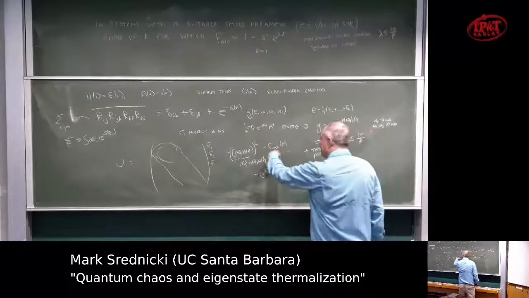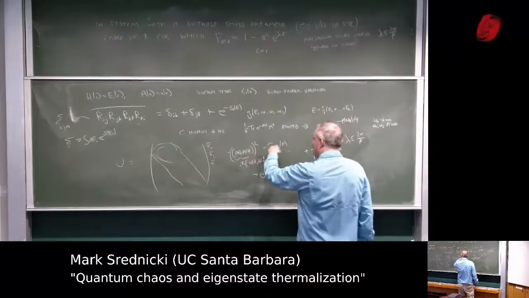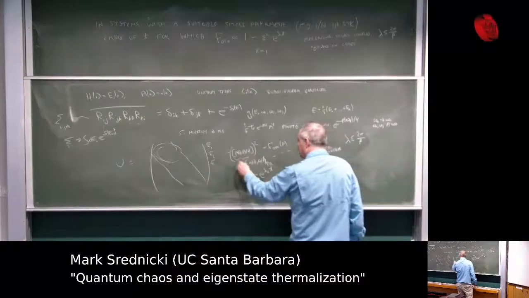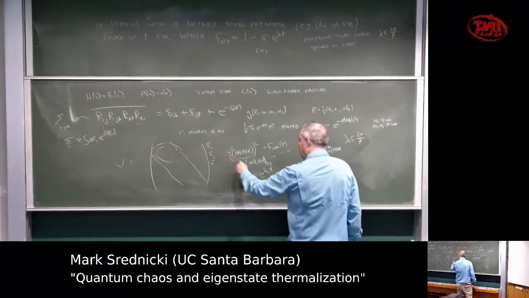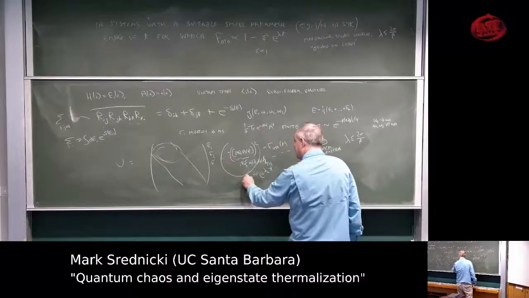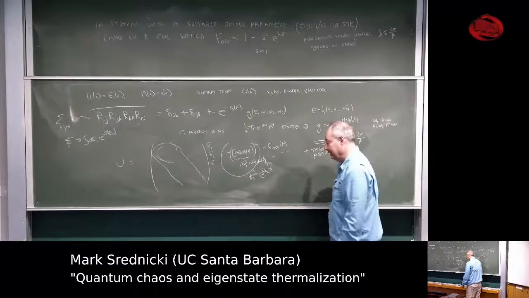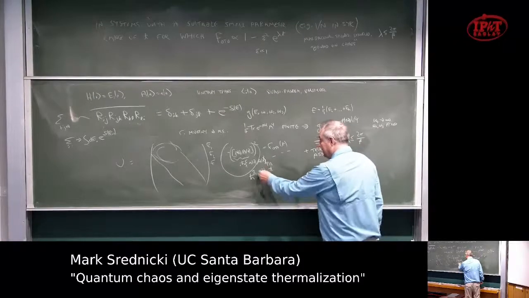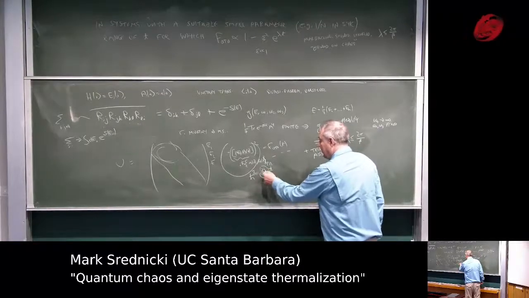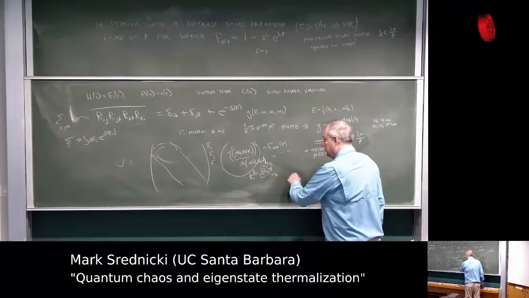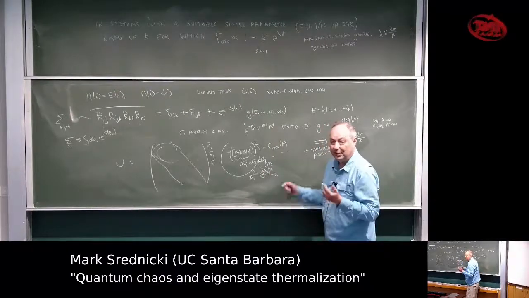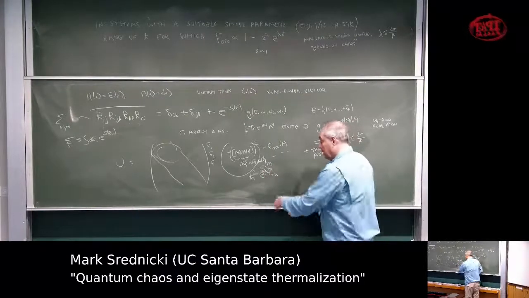Now we square it with the minus sign, and we get something like h bar squared. This is what's called lambda here, and this was thought of as a quantum Lyapunov exponent.